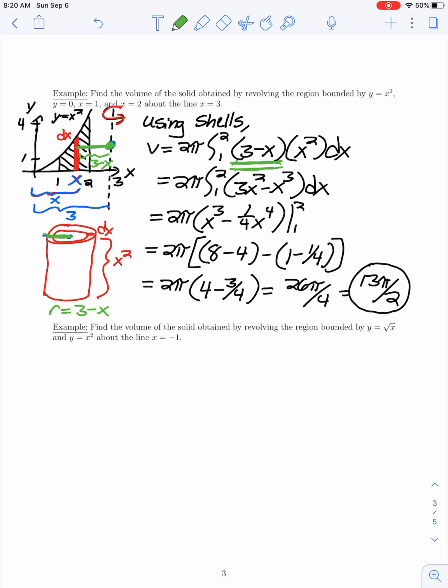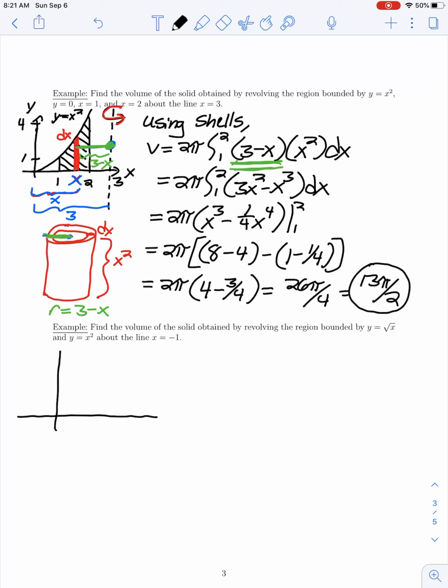In this next example, we're asked to find the volume of the solid obtained by revolving the region bounded by y equals the square root of x and y equals x squared about the vertical line x equals -1. So let's start by sketching our region here.